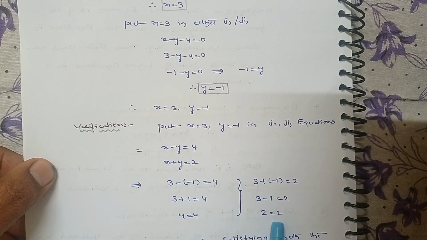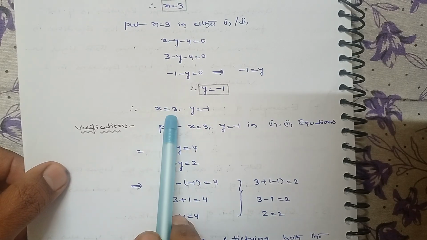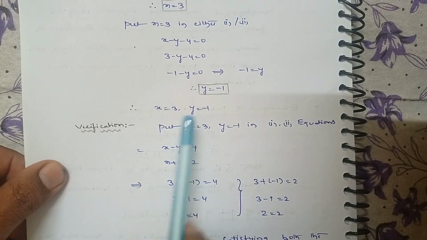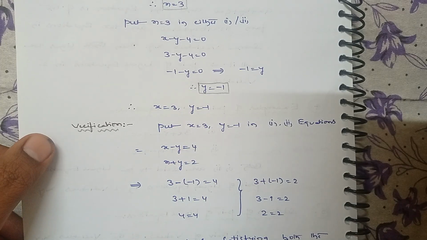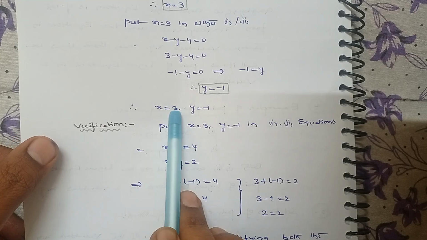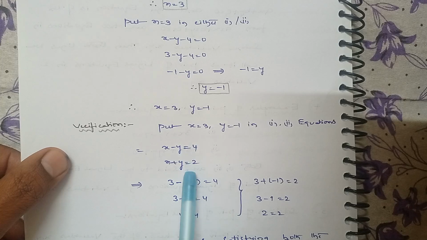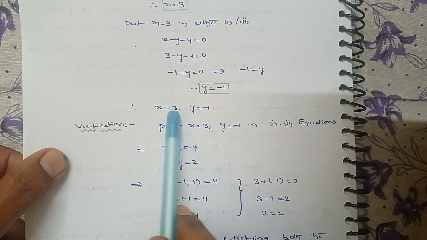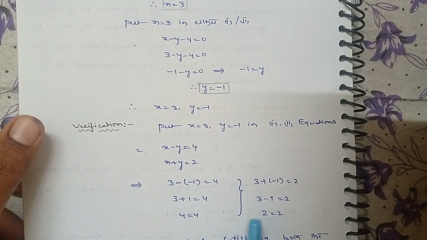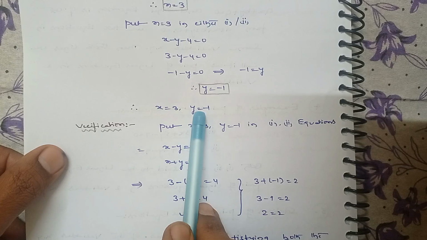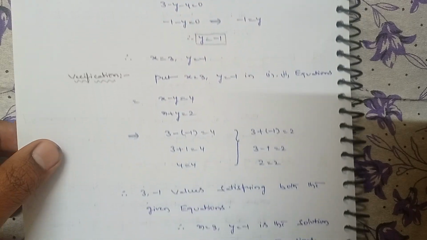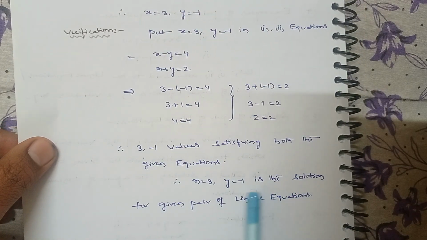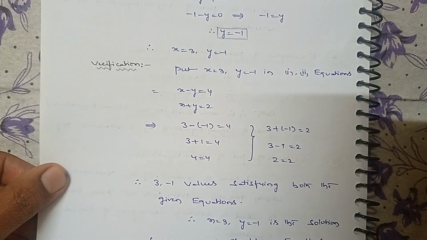2 equal to 2. Therefore, here x equal to 3, y equal to minus 1 is called the solution of the given pair of equations, because if you substitute x equal to 3 and y equal to minus 1 in both the equations, both are satisfied with these same values. So x equal to 3 and y equal to minus 1 we call the solution of the given pair of linear equations.